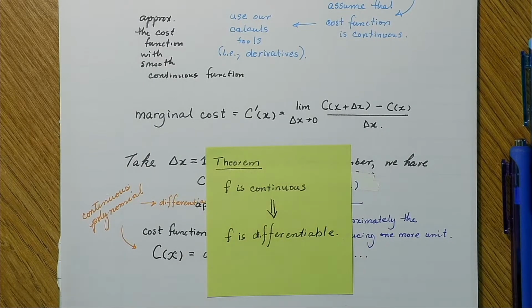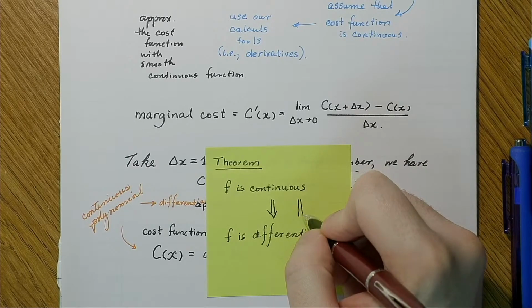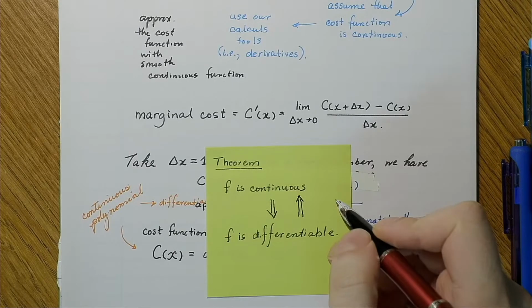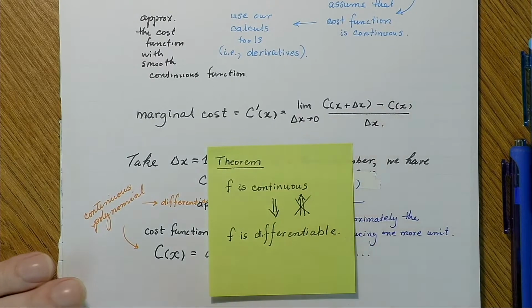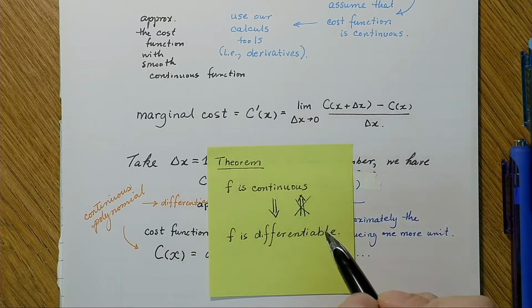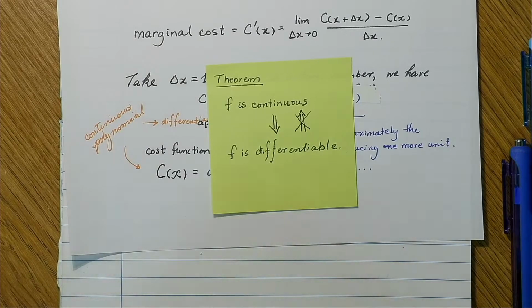It points in one direction, and there is a reason for it, because that arrow cannot go in the reverse direction. The reason is that if f is differentiable, it does not mean that it is continuous. Or is it the other way around? We should investigate this another time, because maybe I made a mistake. Let's take a moment and think about this.